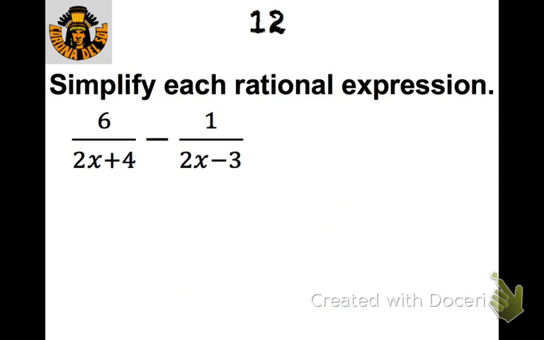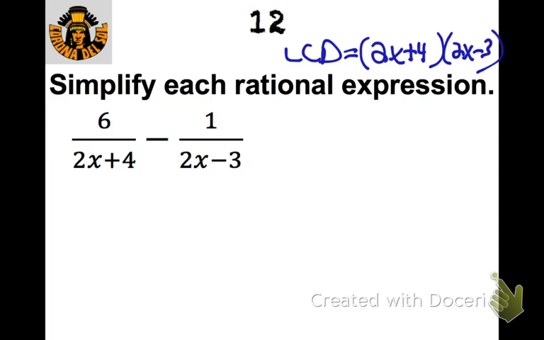All right, these two, I'm going to go ahead and say they're different denominators. So I'm going to say the least common denominator is just putting the two together again. So 2x plus 4 times 2x minus 3. So that means the one on the left needs 2x minus 3. Let's see if that lets me write here.